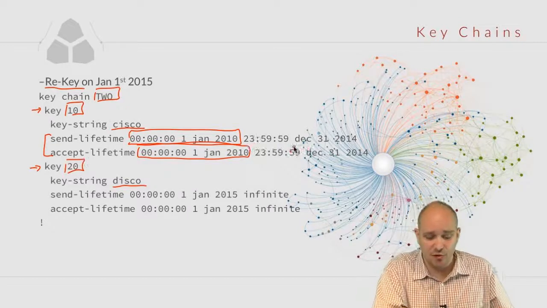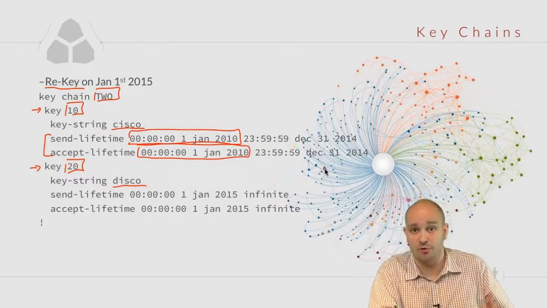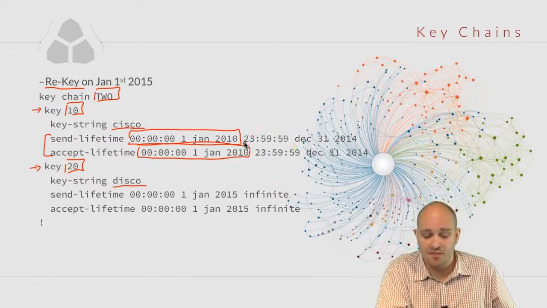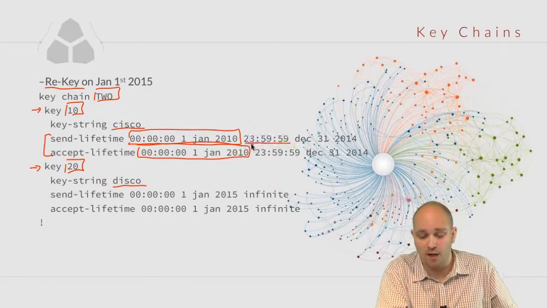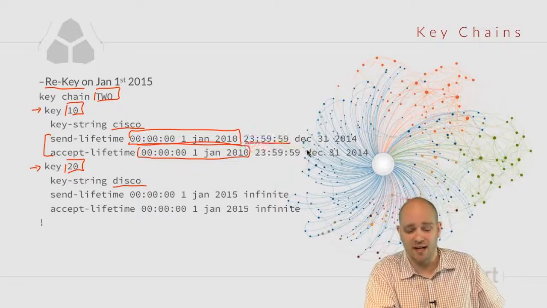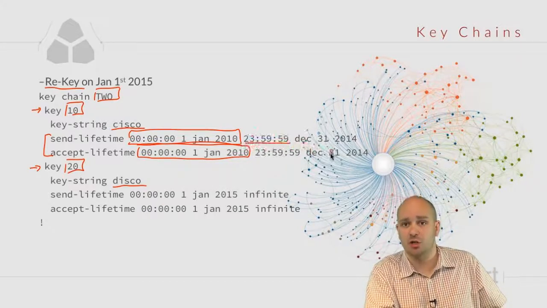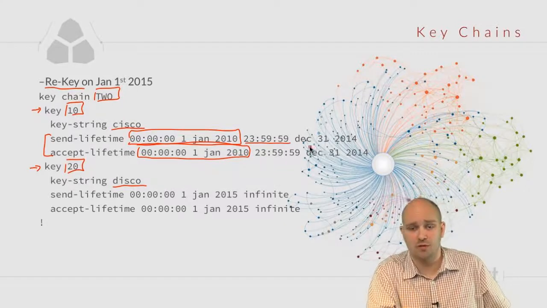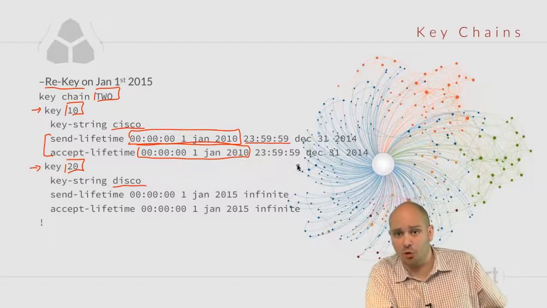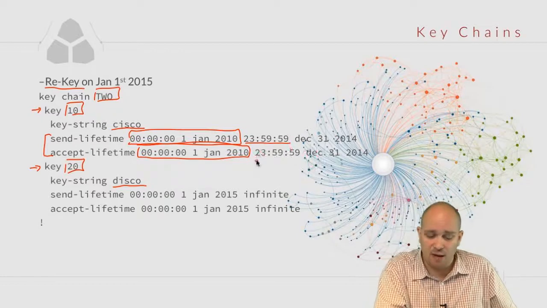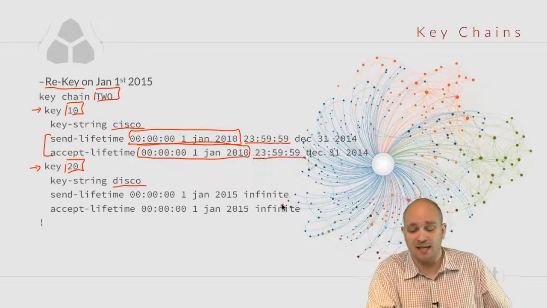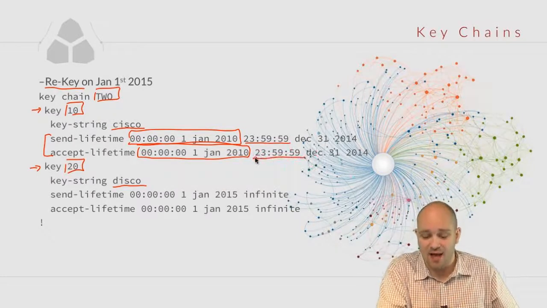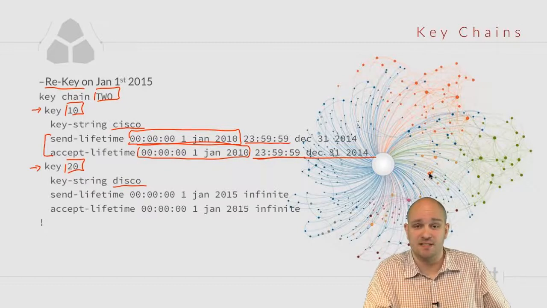It begins at 000000 January 1st, 2015, which means that I'm going to stop sending key number 1 at 23:59:59 on December 31st, 2014. So at the last second of 2014, this key is no longer valid. The same thing about accepting this key. I'm no longer going to accept it after midnight of December 31st, 2014.